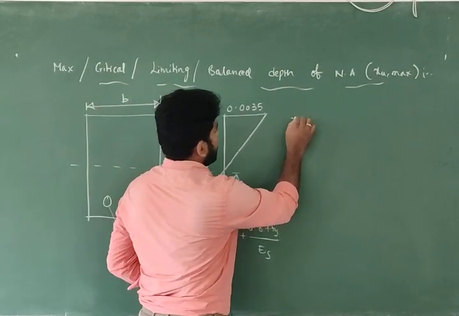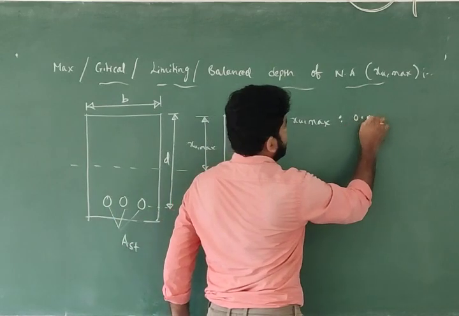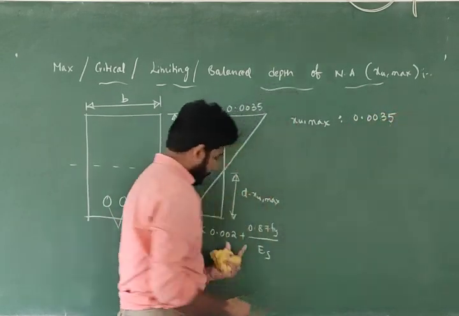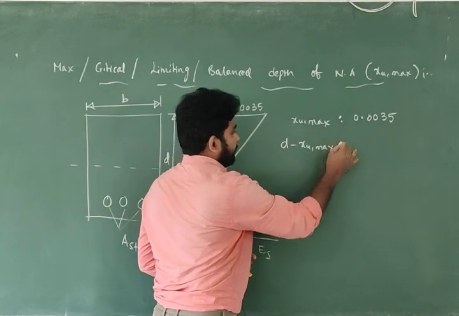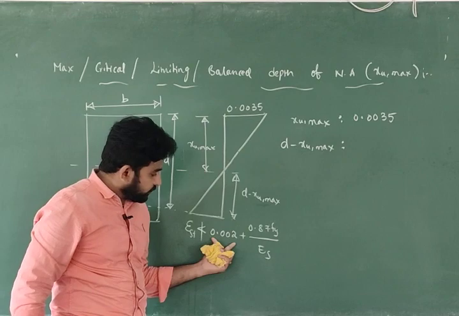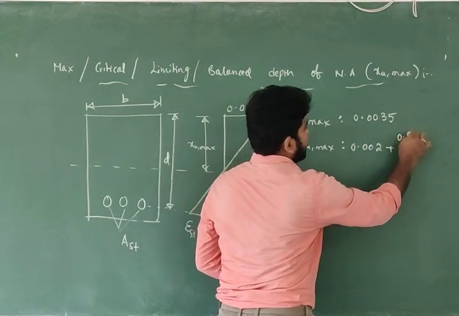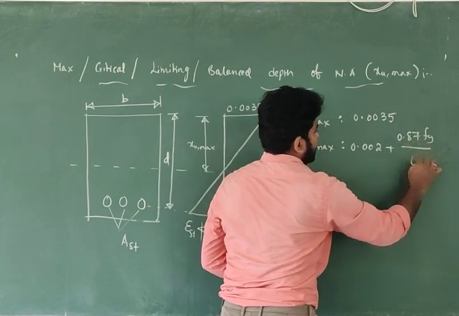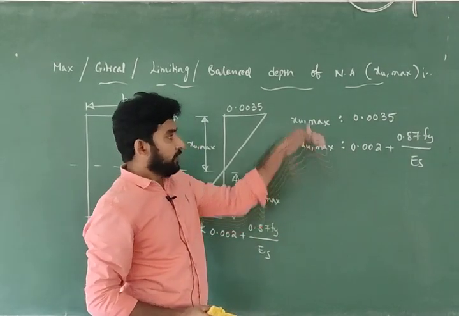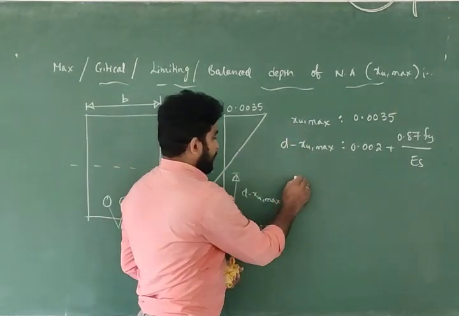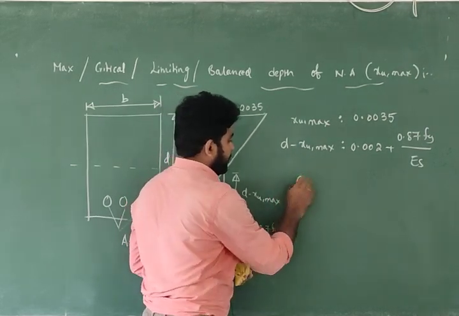So now XU maximum corresponds to 0.0035, and D minus XU maximum corresponds to 0.002 plus 0.87 Fy divided by the Young's modulus of the steel. Now I am applying similar triangles.